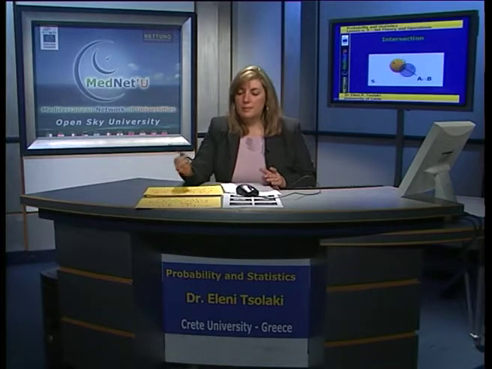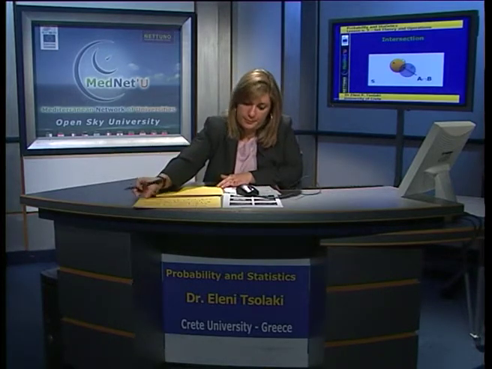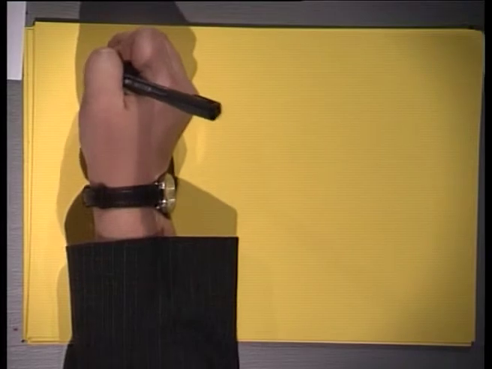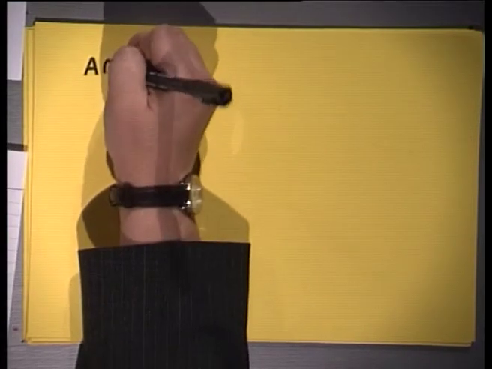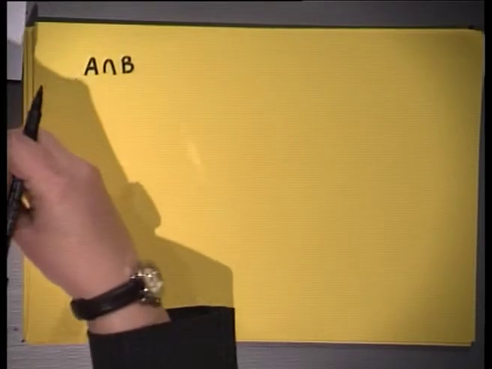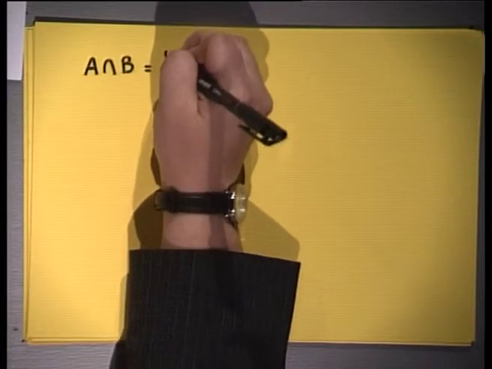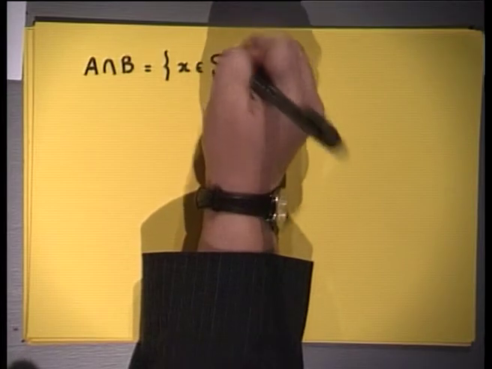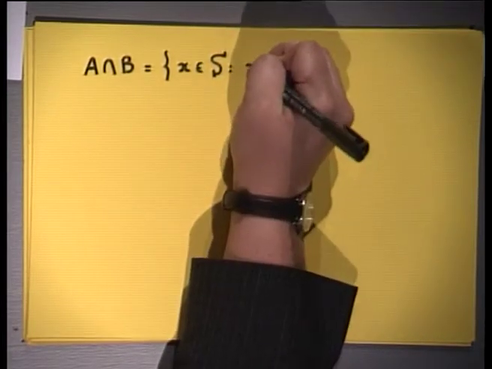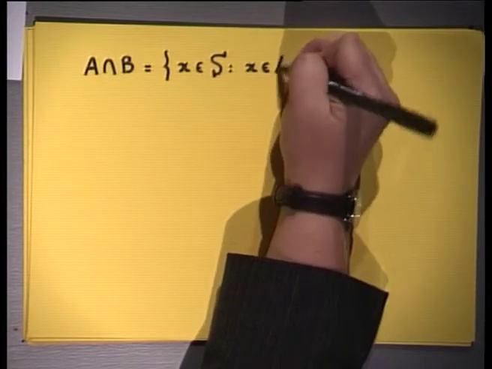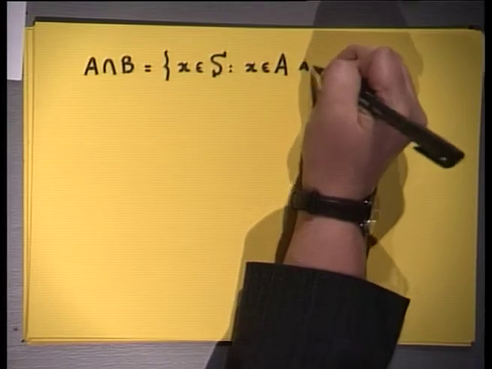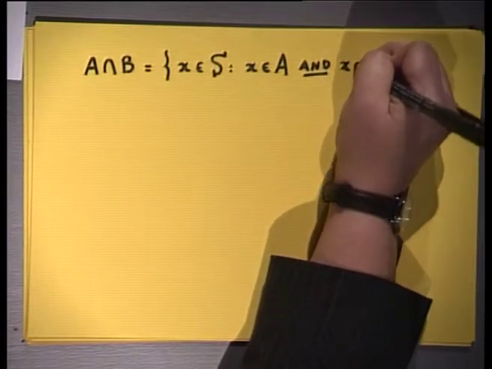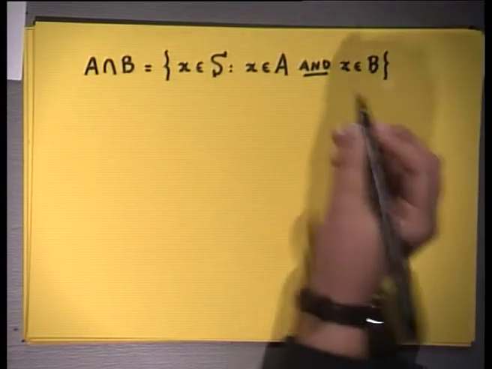Mathematically, we are going to write the intersection as well. So intersection of A and B will be all elements that belong in S, such that they belong in the event A and they belong in the event B as well.